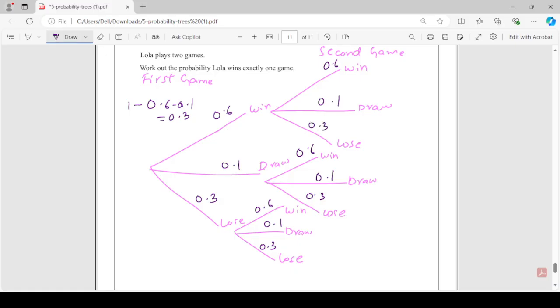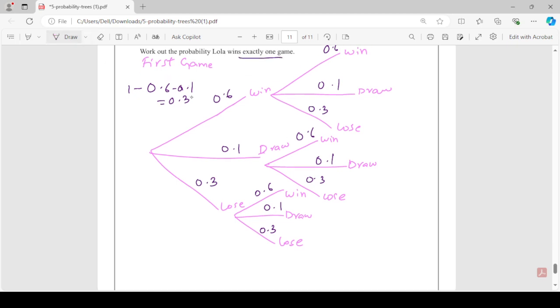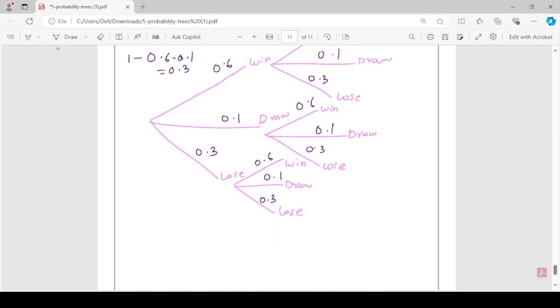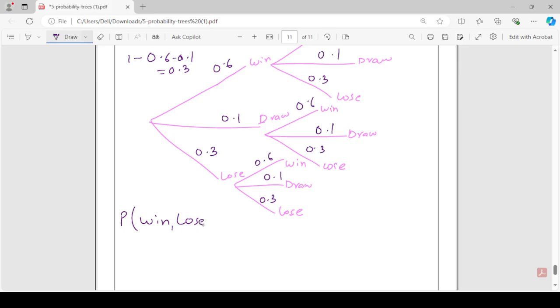Work out the probability that she wins exactly one game, which means she can only win one game at one time. She cannot win both the games at the same time. So I will have 2 combinations here. If she wins the first game, she has to lose the second one. If she loses the first game, she has to win the second one.